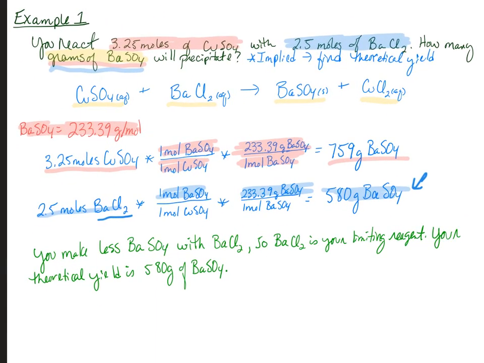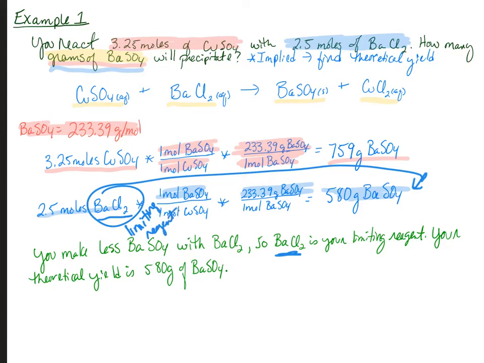What that tells us is that you make less BaSO4 with BaCl2, so BaCl2, the thing at the beginning, is your limiting reagent, okay? And that means that the other one is in excess, or the excess reagent.